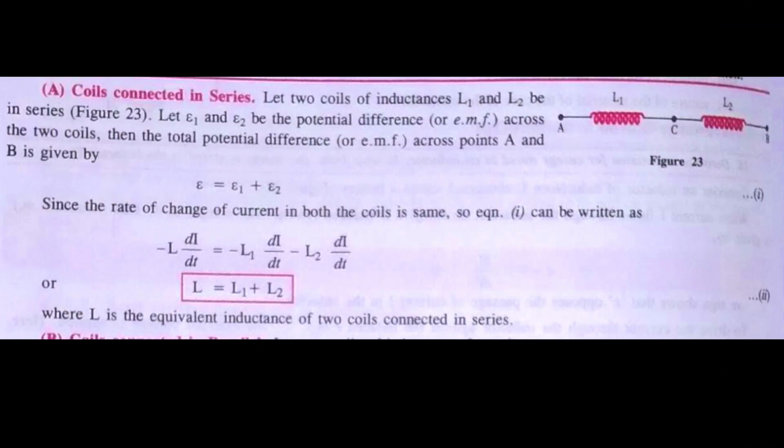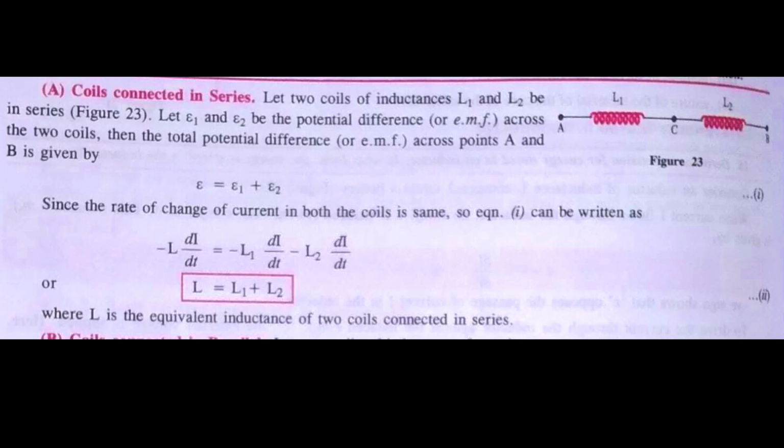Now we are going to learn about the self-inductance for a group of coils. In this case, two cases are possible. Number one, when the coils are connected in series, and number two, when the coils are connected in parallel. From the diagram you can clearly see that there are two coils of inductance L1 and L2, and let us suppose epsilon 1 and epsilon 2 are the potential differences across these coils.